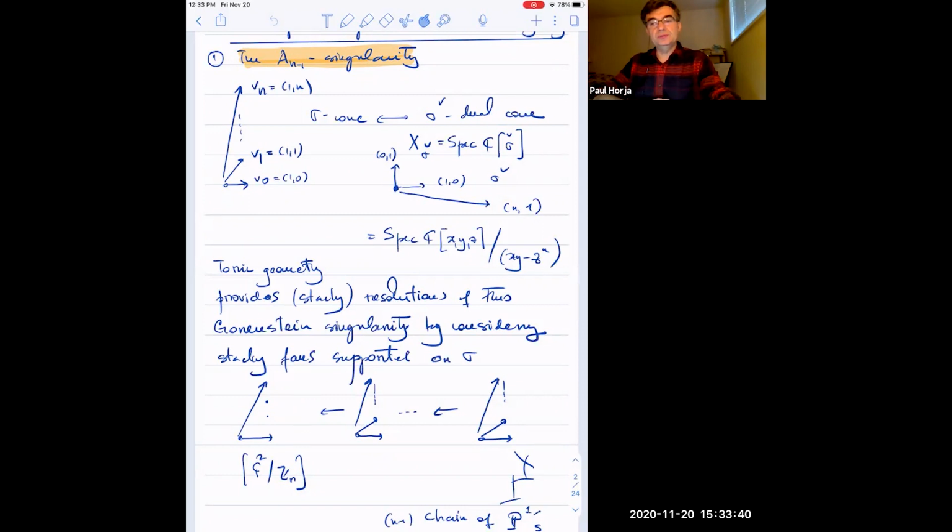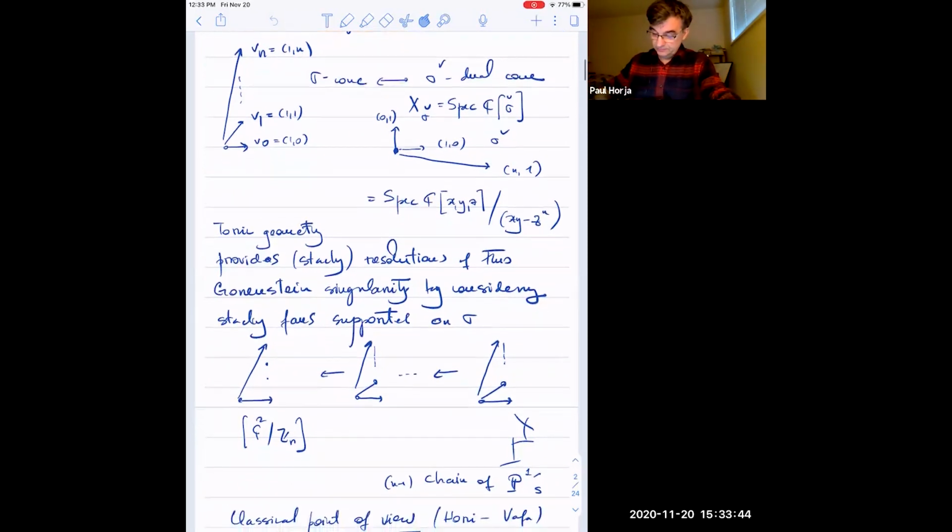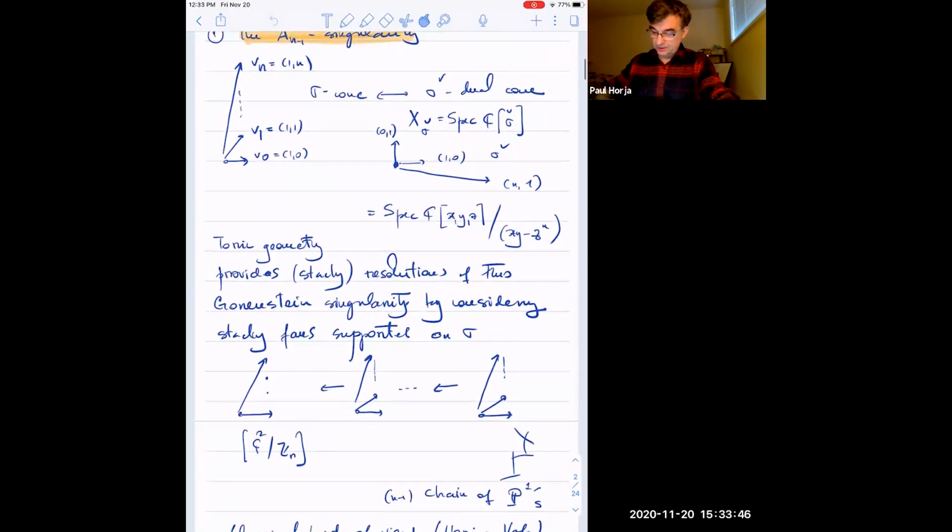When we use the word resolution, we have to be a little careful, namely it has to be thought of in the world of Deligne-Mumford stacks. These are not that bad in terms of their geometrical meaning. They're just orbifolds essentially.